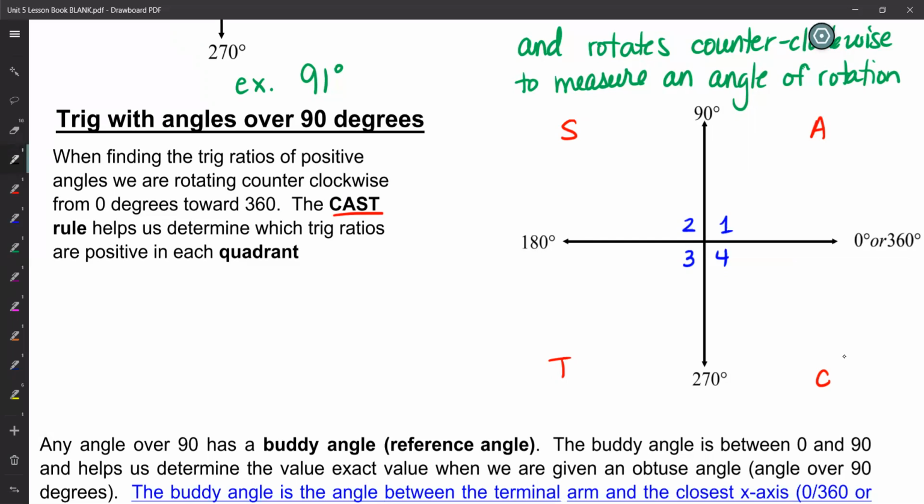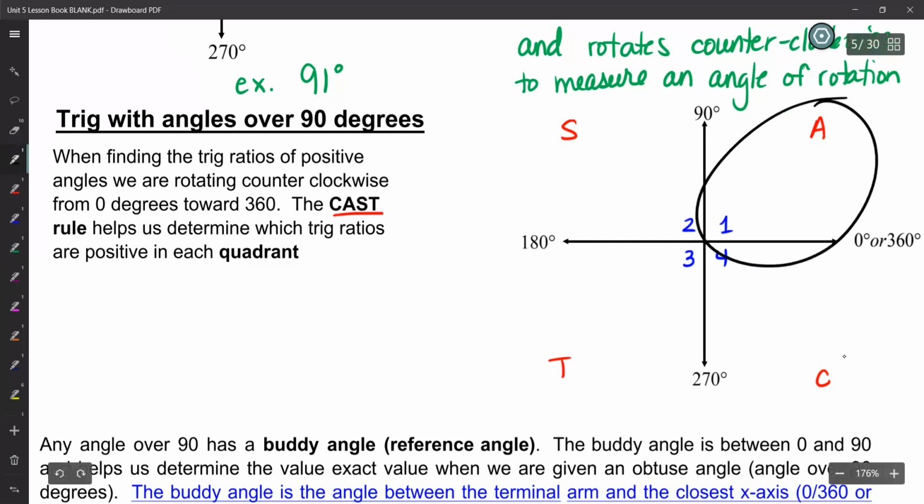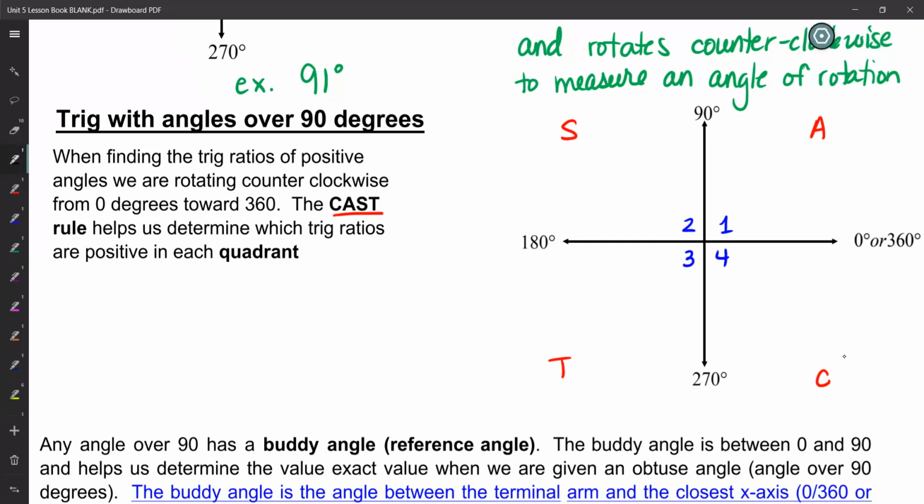All right, so A, let's start in quadrant 1. A stands for all, and that means that all trig ratios will be positive in this quadrant. So I'm going to choose somebody. Andy, can you choose for me an angle between 0 and 90? Any angle? 89, sure.